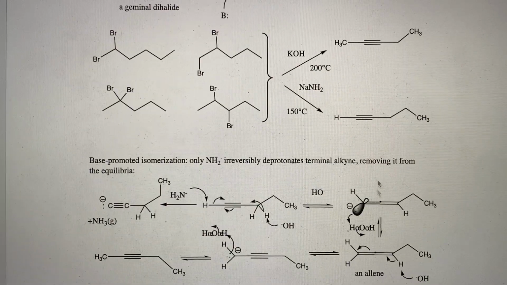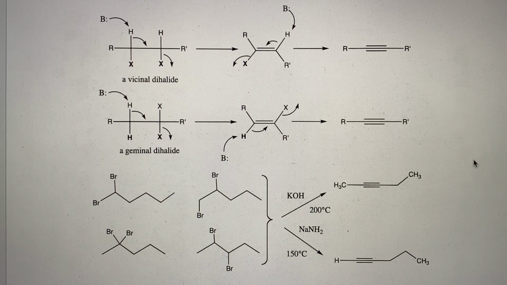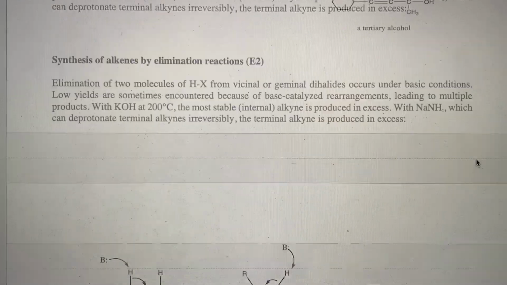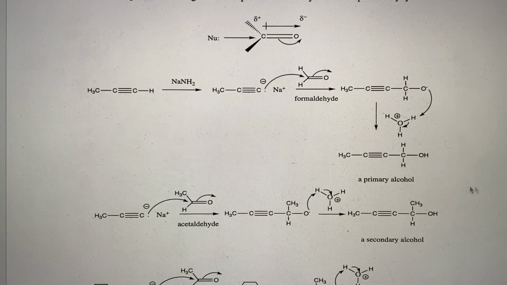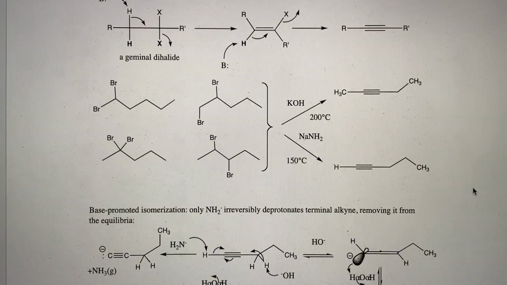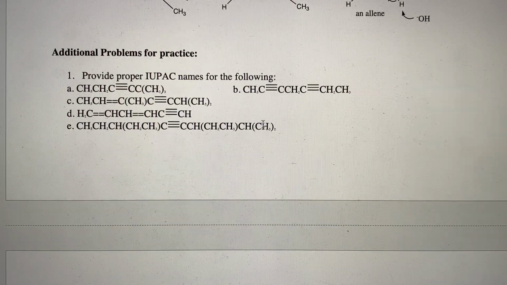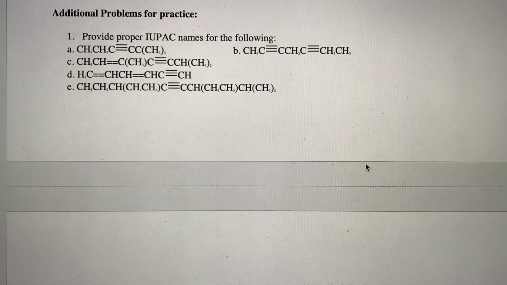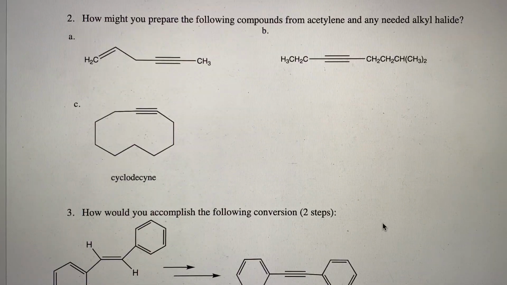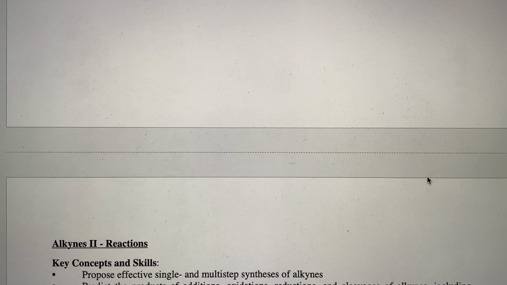Okay, we can skip this part at the bottom here, but double eliminations and through the alkynide ion, it's good enough. All right, and we have a few practice problems, and you want to check them out, from nomenclature to synthesis. Okay, taking advantage of those. So there's only two main ways to do that.